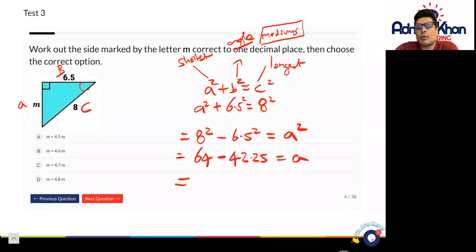So 64 minus 42.25 gives us an answer of 19.75. Okay, 19.75. And at the end, when you get the answer, we need to square root 19.75.